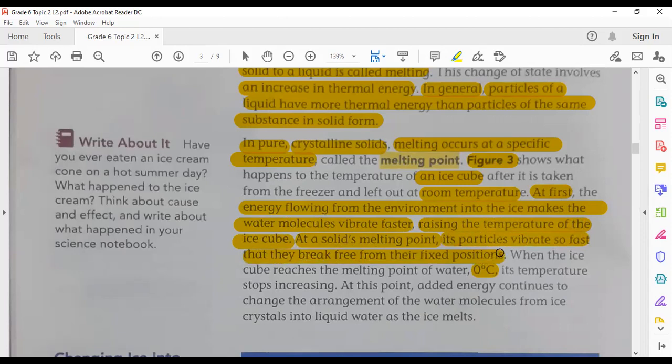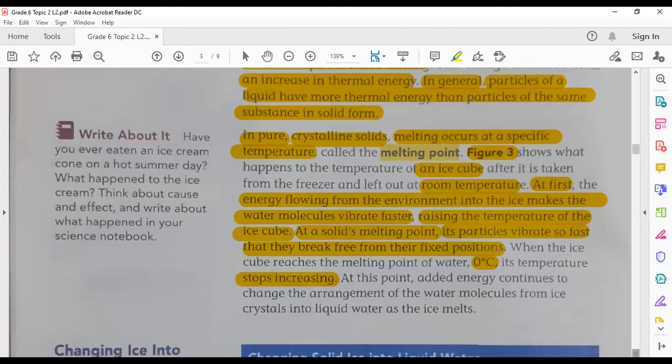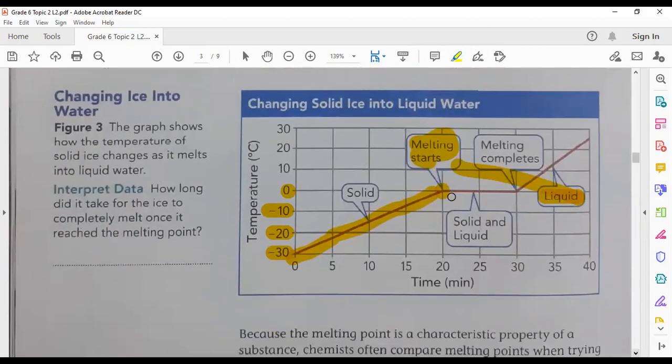So they are now not fixed in their positions. When the ice cubes reach the melting point of water, 0 degrees, its temperature stops increasing. As you see, when it reaches 0, the temperature stops increasing. Still 0. Okay, let's continue.